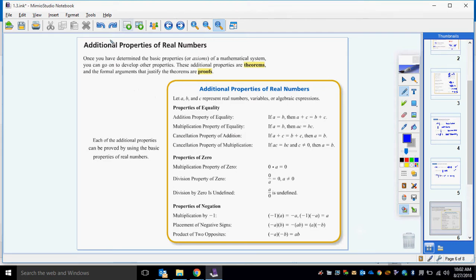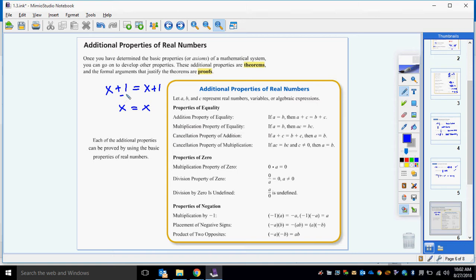So let me back up. What I mean is, let's say I have x plus 1 equals x plus 1. So I'm adding the same number on both sides. I'm adding 1. If I took that 1 away, if I canceled it out, in other words, subtracted it, I'm left with x equals x, which is true.